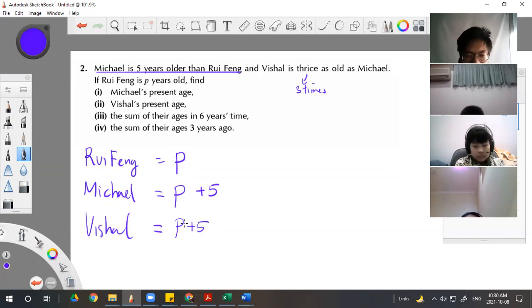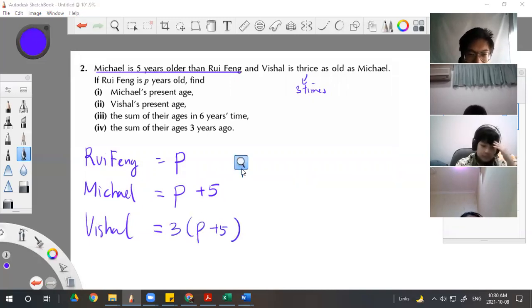Times 3, that's right. Thrice means 3 times. Berarti 3 times-nya taruh di depan justru. 3 times P plus 5. Atau boleh juga P plus 5 times 3. But you better put the 3 in front. Okay, 3 bracket P plus 5.